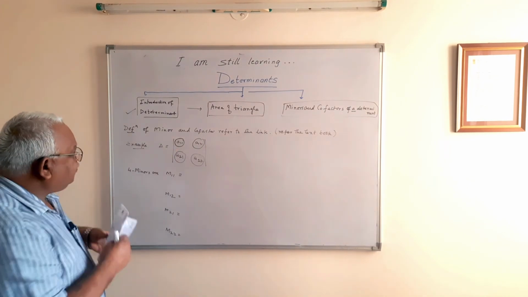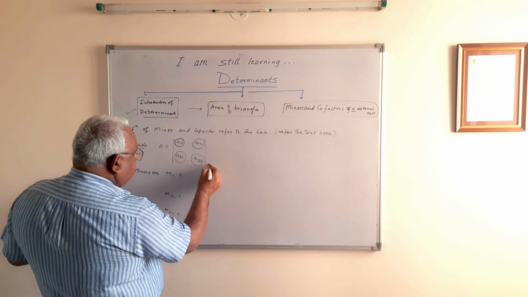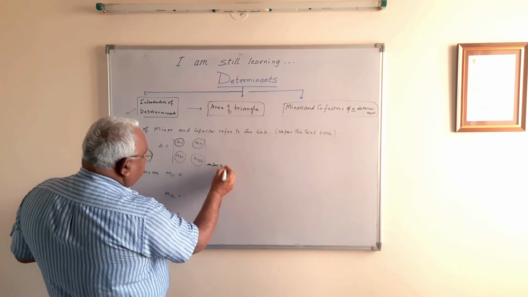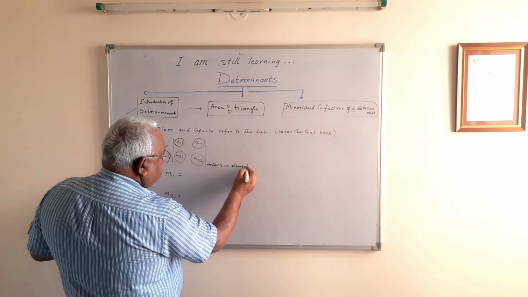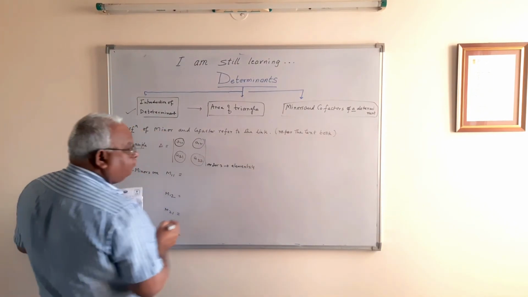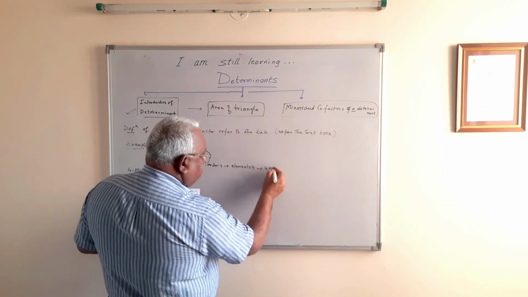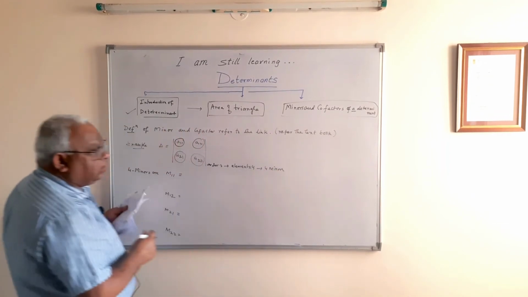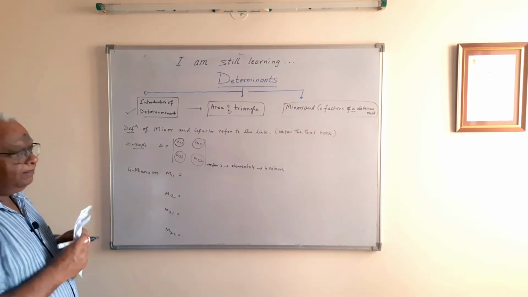The order of this determinant is 2, right? Order 2 means 4 elements. 4 element means 4 minors. I hope the things are clear. If you have 4 elements, you have 4 minors, right?